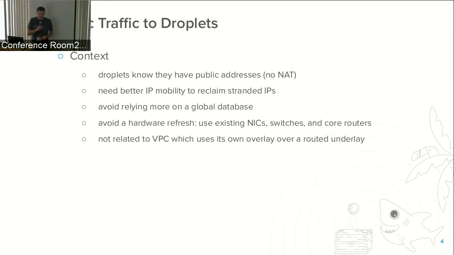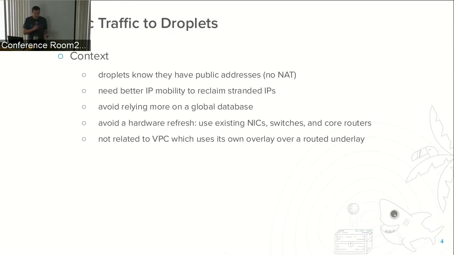We're kind of unique in that when you open up your VM and you look at your interface, you see the public address on the interface. So what we've got to do is get that public traffic to your VM. There's no NAT or anything.